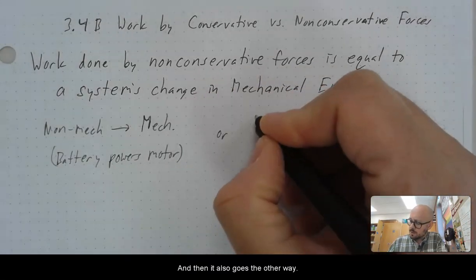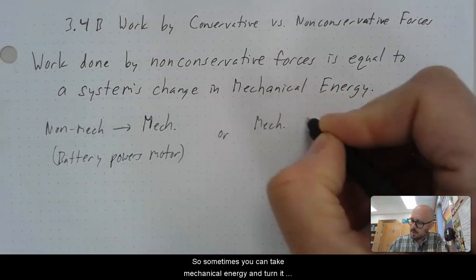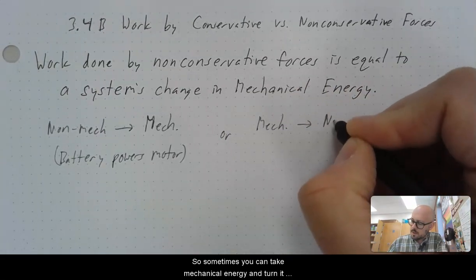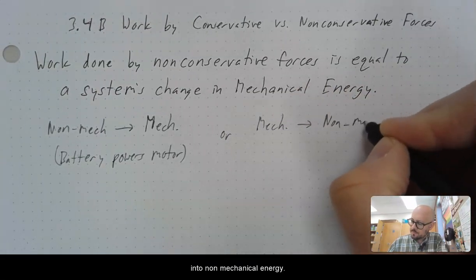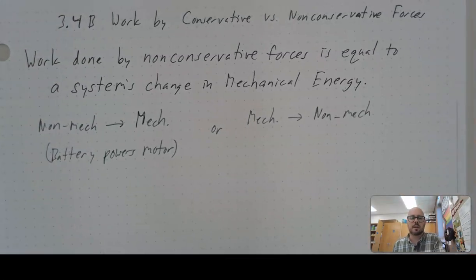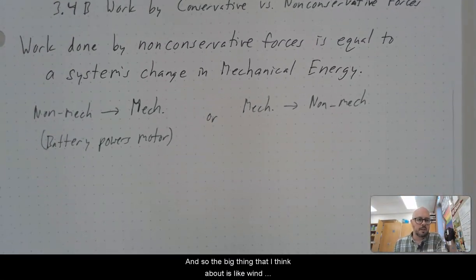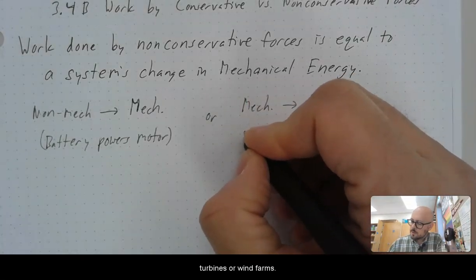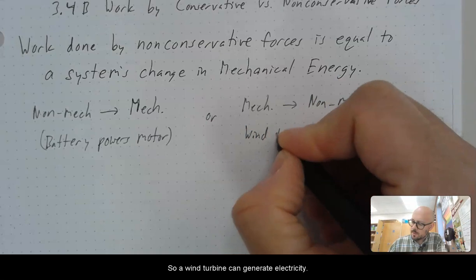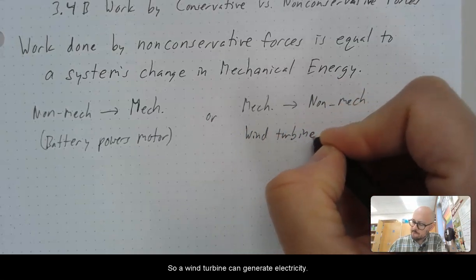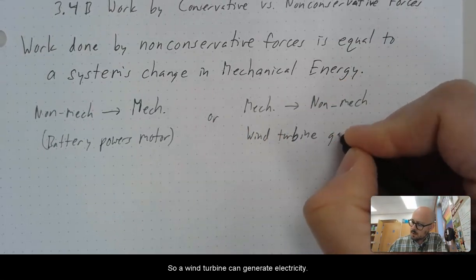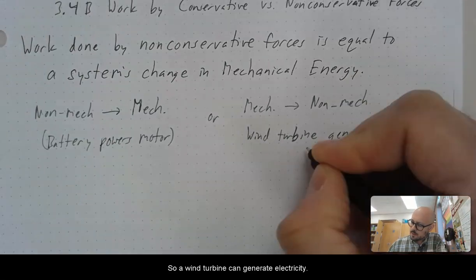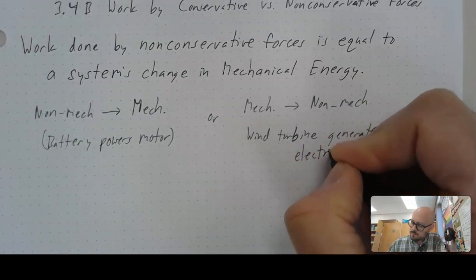And then it also goes the other way. Sometimes you can take mechanical energy and turn it into non-mechanical energy. The big thing that I think about is wind turbines or wind farms. A wind turbine can generate electricity.